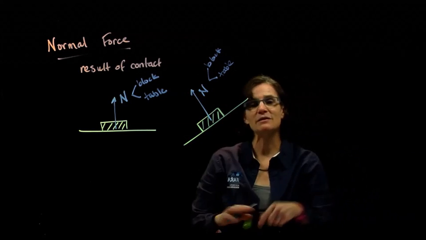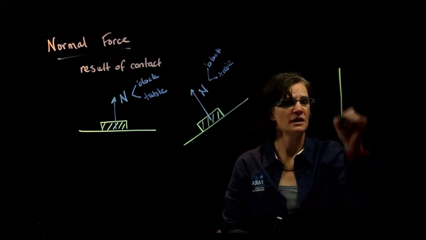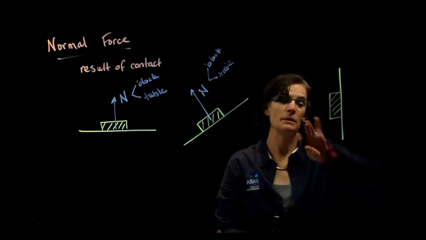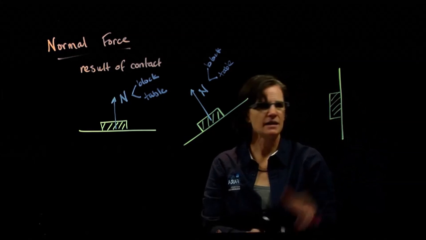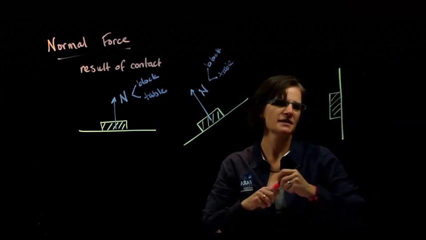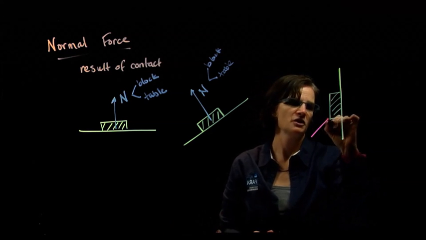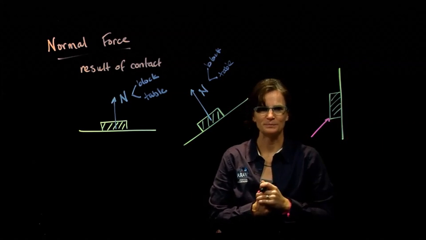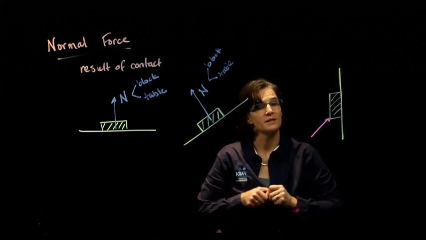Let's take this to an even more extreme. What if the block is being pushed against a wall? Now, that's not going to just sit there, obviously, but let's say there's a force being applied to hold that block there against the wall. What about the normal force in this case?